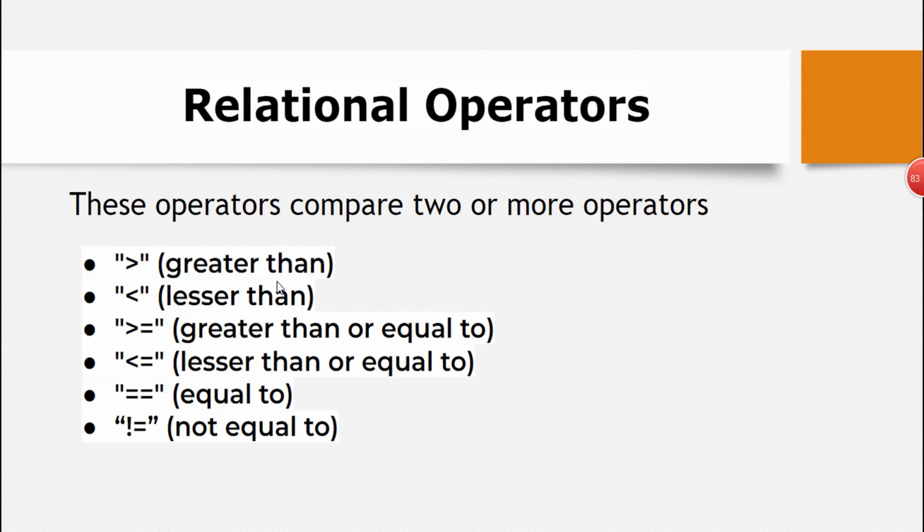And the less than or equals to will check if it is less than or equals to. And the double equals to symbol will check for an exact match. So if num1 is 15 and num2 is 15, then this will satisfy the double equals to. And then the last one, the exclamation mark and equals to, will check not equals to. So if num1 and num2 both are 15, it will return false. So these are relational operators.